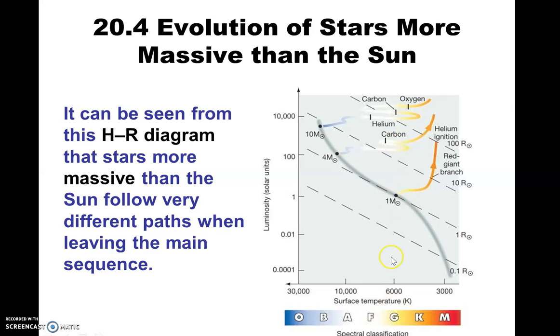When it heats up, it goes this way on the diagram, because things that heat up go this way. So it starts to heat up, and then the helium starts turning into carbon, and each of these is kind of like a pause, if you will, where the next heaviest element is being fused.